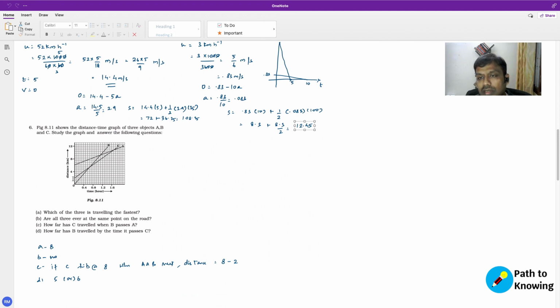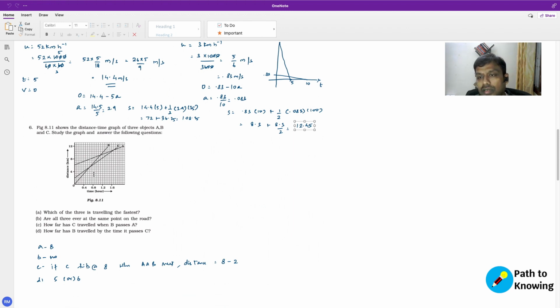So which means that the distance that they would have covered at that point in time should be the same, right? If three cars are at the same point on the road, which means that they have covered the same distance at the same time, right? So which means that on a graph, all the three lines should actually intersect.